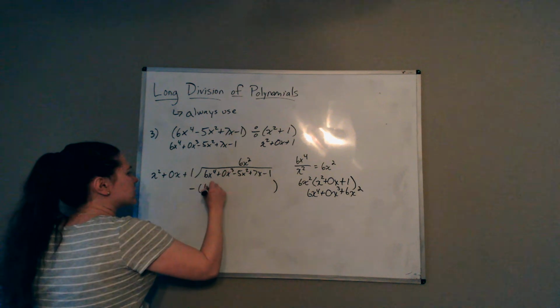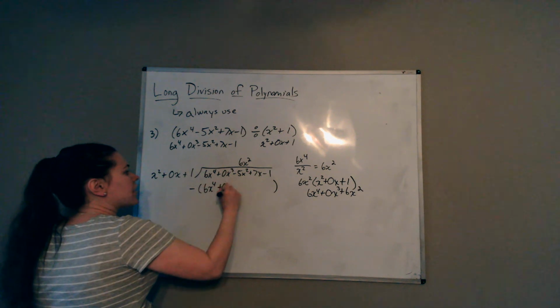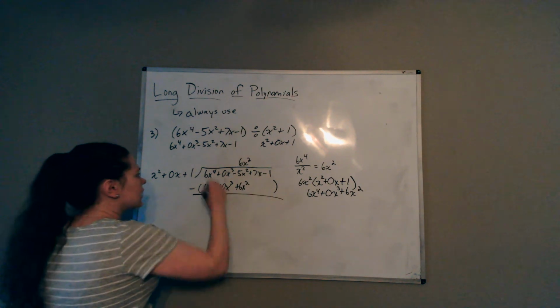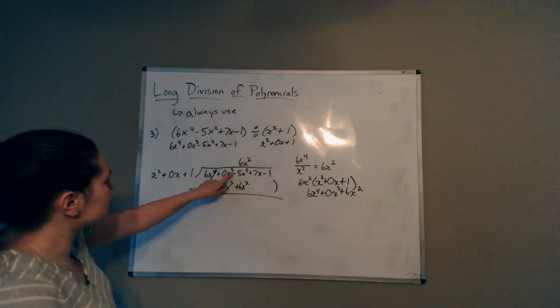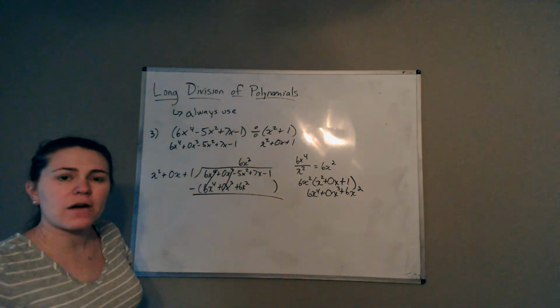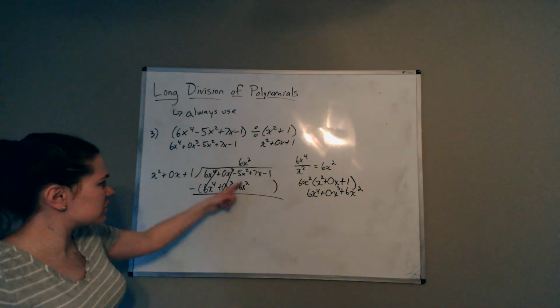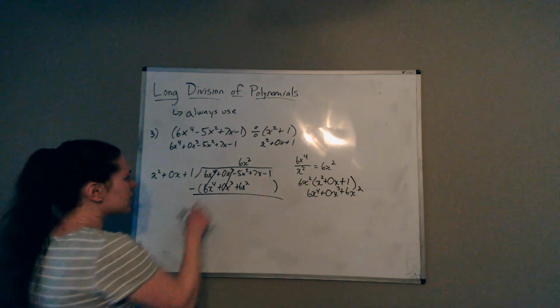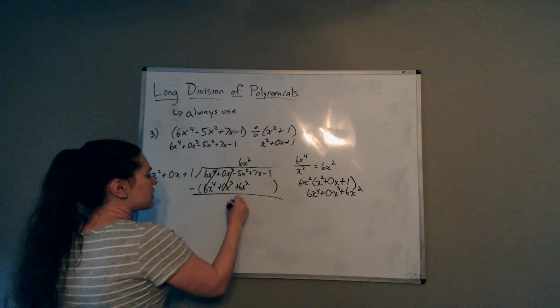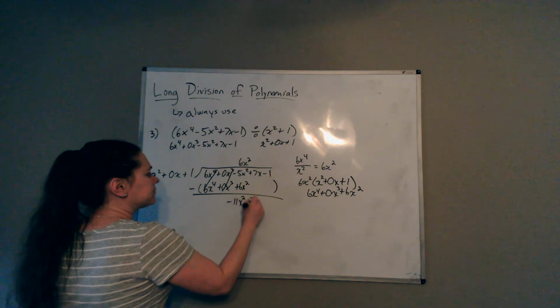That cancels. 0x to the 3rd minus 0x to the 3rd, so we don't need a power of x to the 3rd if there are none, because the leading term right now is negative 5x squared minus 6x squared, negative 11x squared.